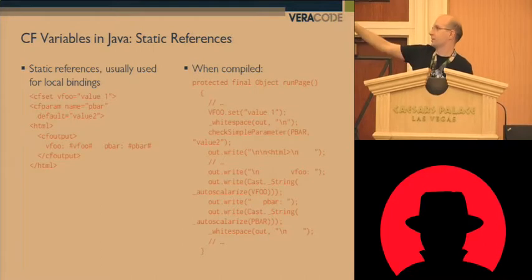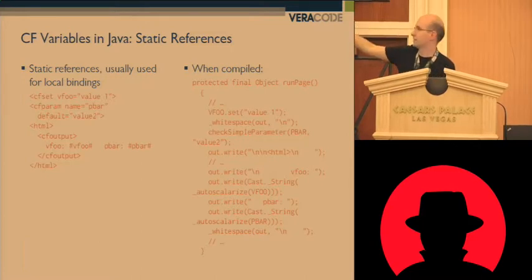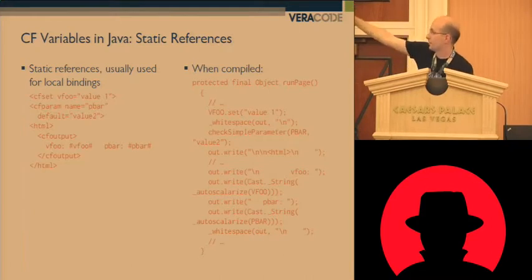And there's a similar assignment where, if it's not assigned already, as Chris mentioned, pbar will be assigned the value 2. And then those values are printed out. This is what it looks like with a lot of setup stuff omitted where the comment lines are.